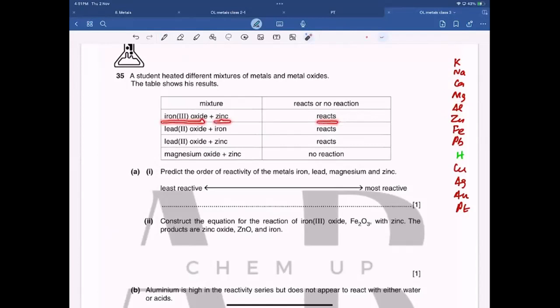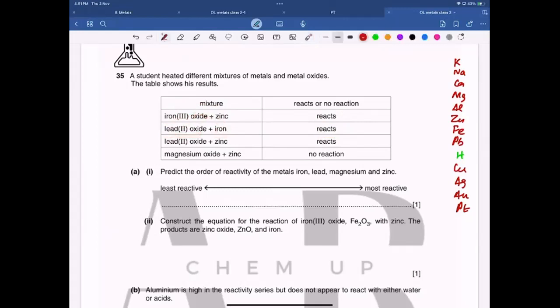Reaction is occurring, so it means zinc is displacing the iron. So zinc is more reactive. When lead oxide and iron is placed, reaction is taking place. Yes. So it means iron is displacing the lead.